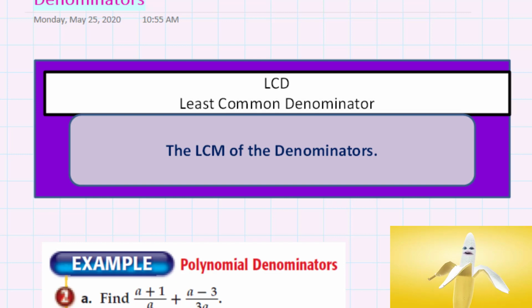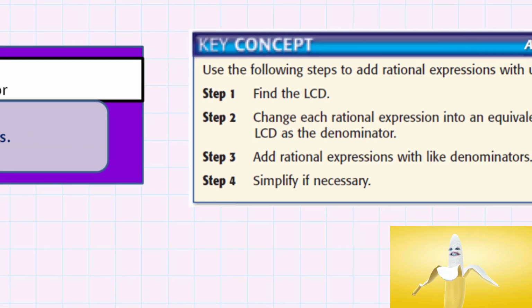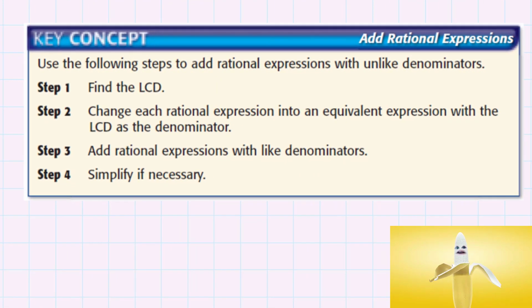Now that brings us to a key concept here, and basically it is a set of steps that you can follow in organizing your thinking about how to go about doing this. Use these following steps to add rational expressions with unlike denominators. Step 1, you find the LCD. And we just determined that the LCD is the LCM of the denominators.